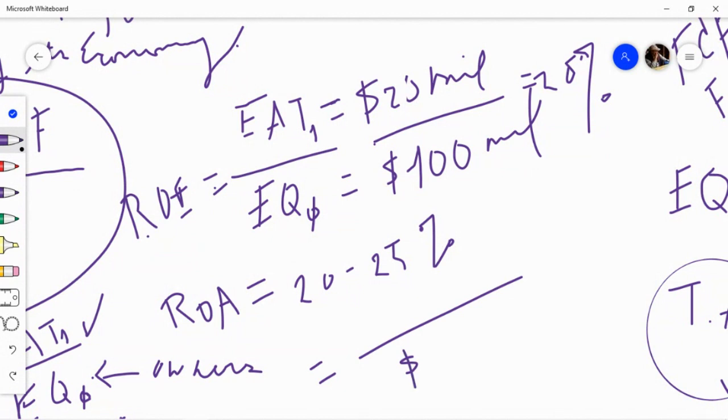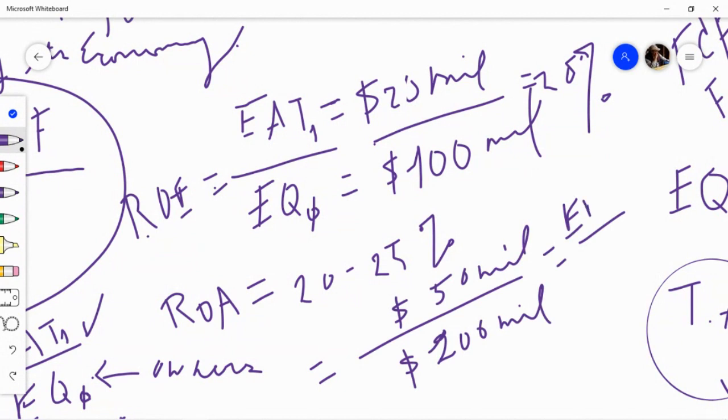If their total assets are like 200 million, that means 50% equity, 50% debt. If it were to be 25%, their EBIT should be like 50 million, right? It has to be EBIT.